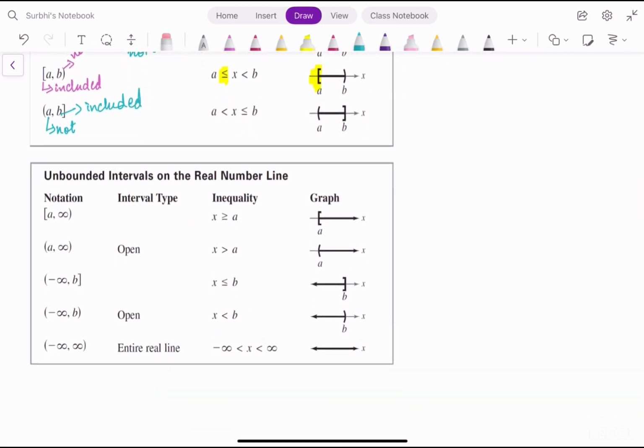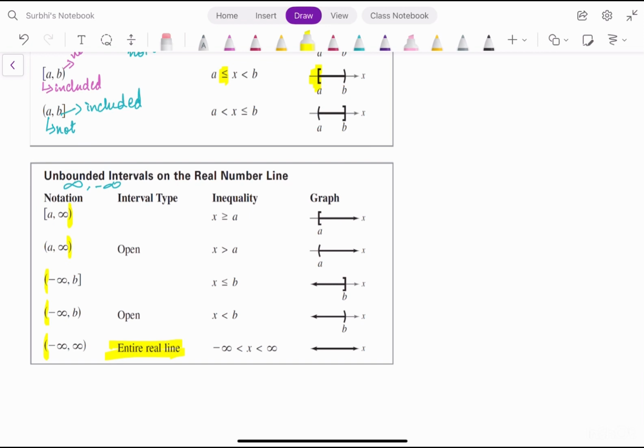Now, let's talk about unbounded intervals. Because it is unbounded, we are talking about infinity or negative infinity. And we have discussed earlier, whenever we use infinity or negative infinity, we always use the open intervals, right? Because we are talking about a line, and a line continues forever.